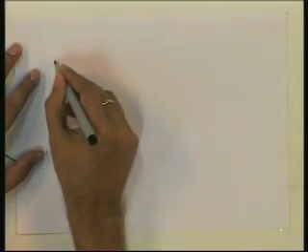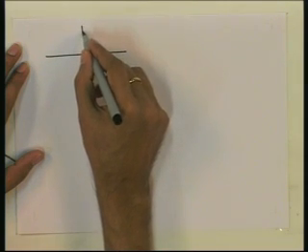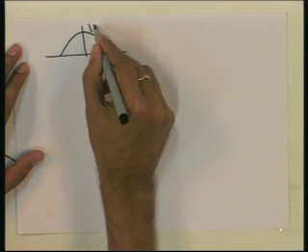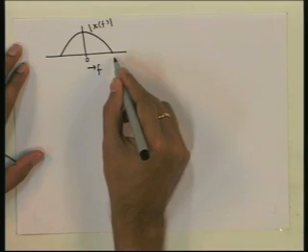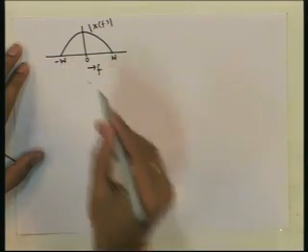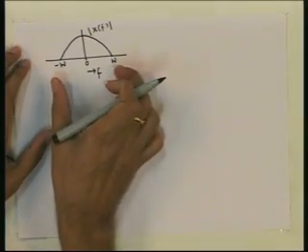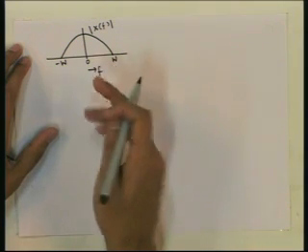Let us first see it in frequency domain. Suppose we have the signal x(t) whose spectrum magnitude is, so this is frequency, this is 0 frequency, this is W, this is minus W. So, this is the band limited spectrum of the band limited signal, and we want to sample it at some frequency.